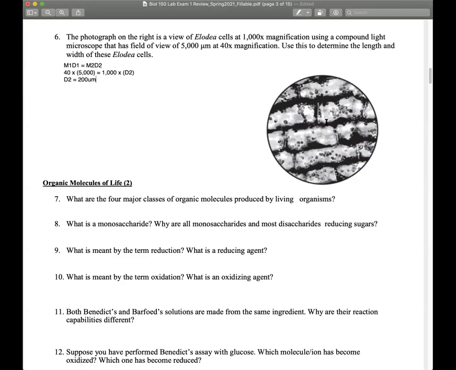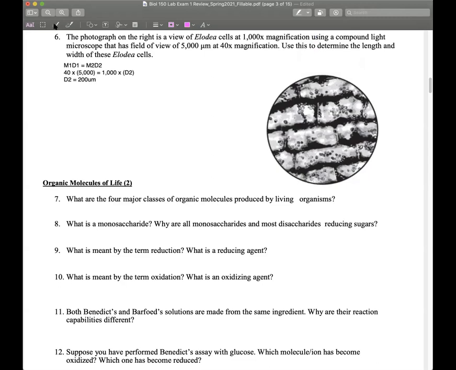So if this entire circle is 200 micrometers across, roughly how long is each of these cells? Well, if you assume there's 2 cells per length for field of view, wouldn't it just be 200 divided by 2, equaling 100?